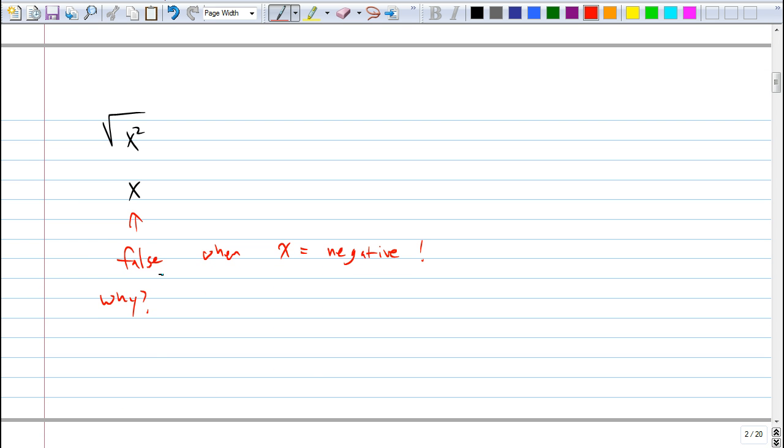But this is false. Can somebody think of a counterexample that shows why this is false? I'll even give you a hint. When x is positive, that's fine. Like square root of 2 squared, that's 2, right? But when x is negative, it doesn't work out. Can somebody give me an example? Okay. Bella?